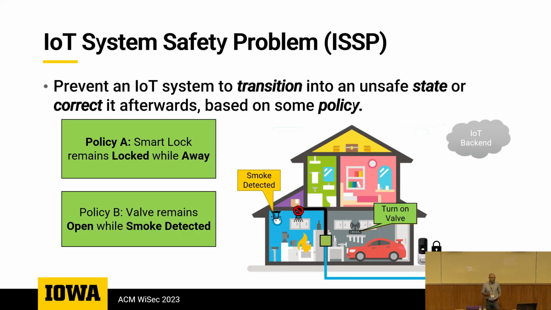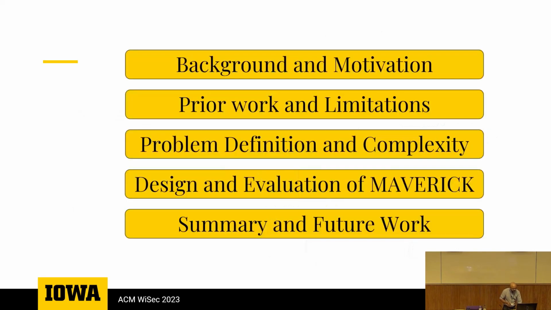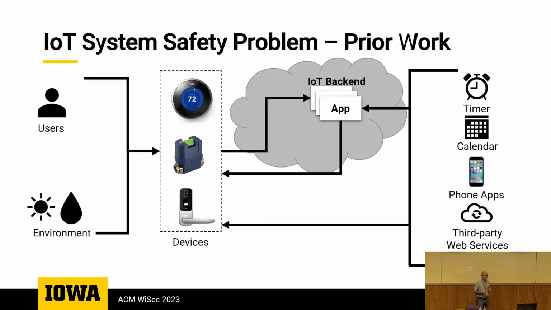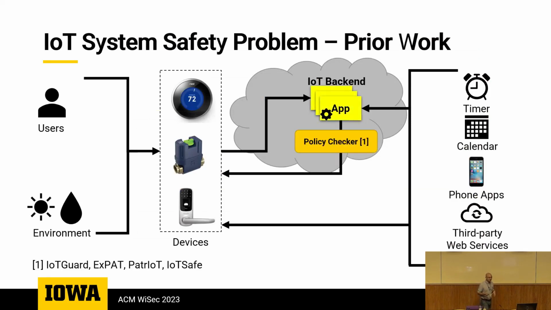The next, I want to talk a little bit about prior work and limitations. This prior work includes my work too. So a bunch of previous work mainly worked on the app side of things. Rather than looking at the whole problem, we looked at only the app's interaction.